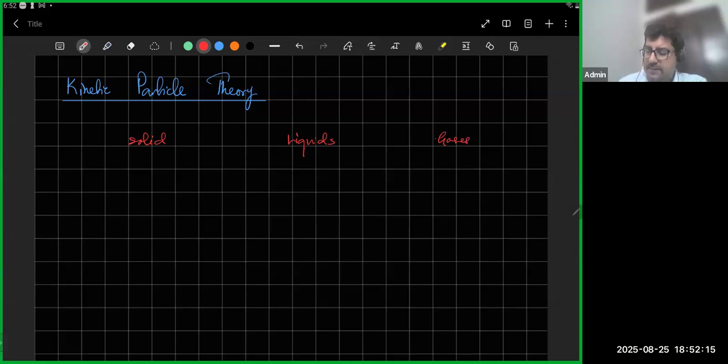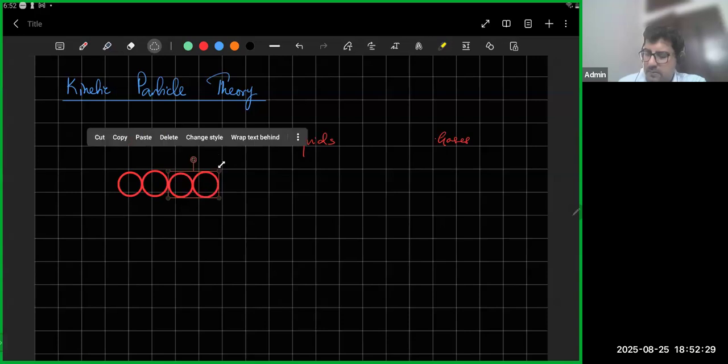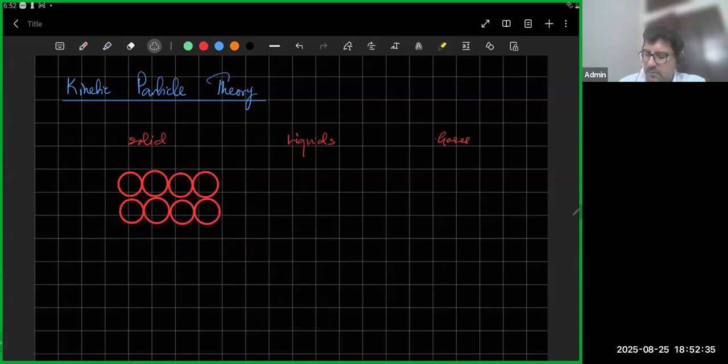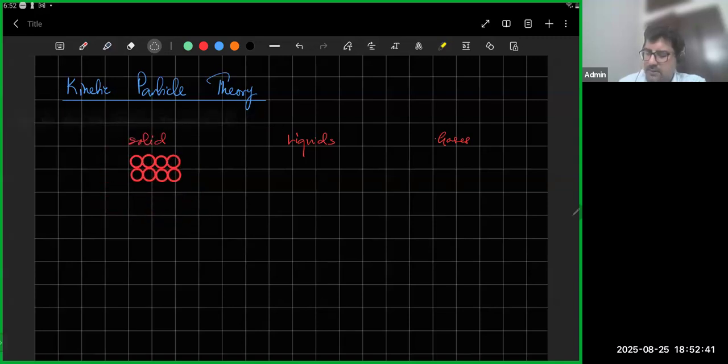The solids, liquids, and gases: the first thing is you've got, I mean, these ones are going to be tightly packed, right? So the first one, that's solid, that's tightly packed.